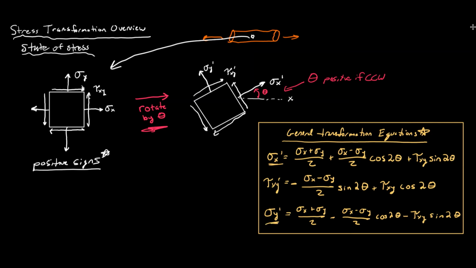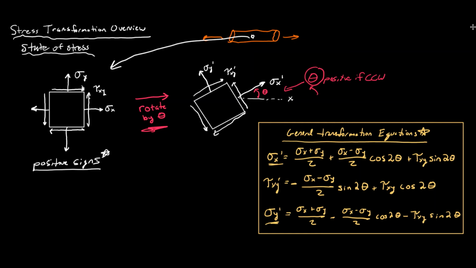As we rotate this and keep rotating, there's going to be some angle theta where our normal stresses, sigma x prime and sigma y prime, are going to be at their maximum or minimum, depending on if they're positive or negative.